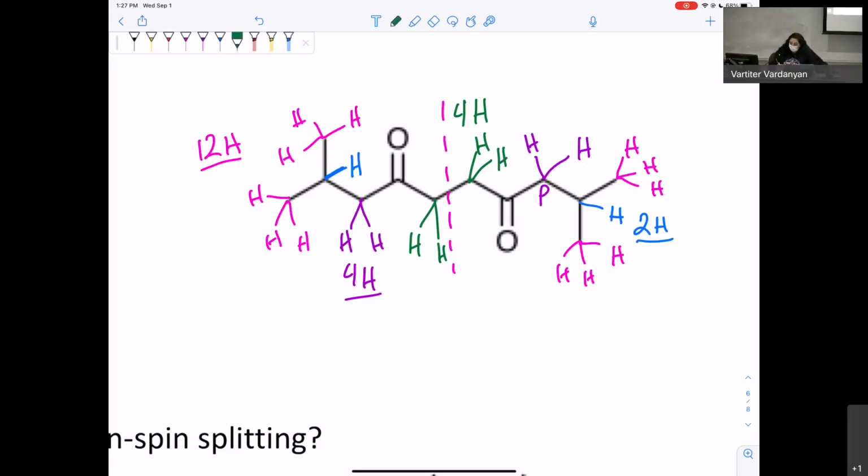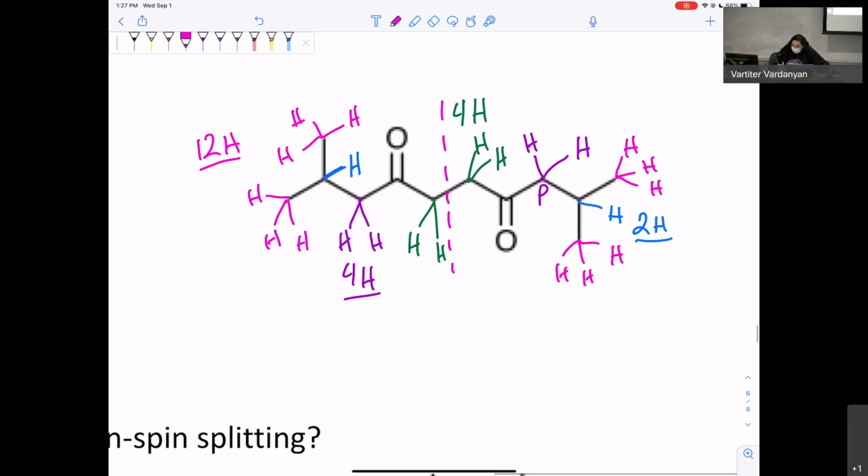No. So the pink hydrogen has, I'm going to do it in pink, 1 neighbor, which is the blue hydrogen, plus 1, because you guys told me that that is the equation, which is 2, which is a doublet.